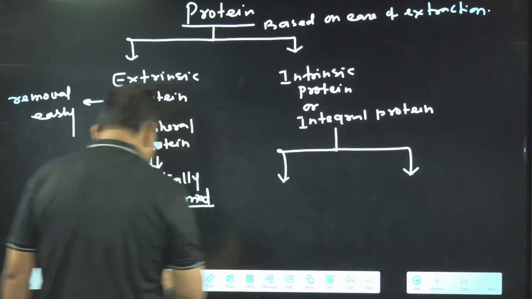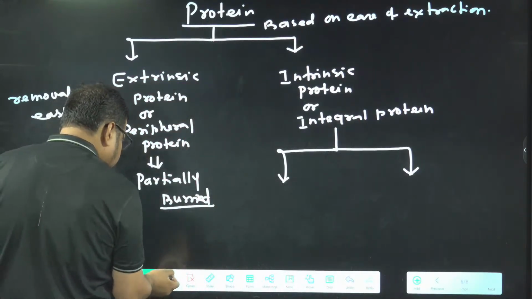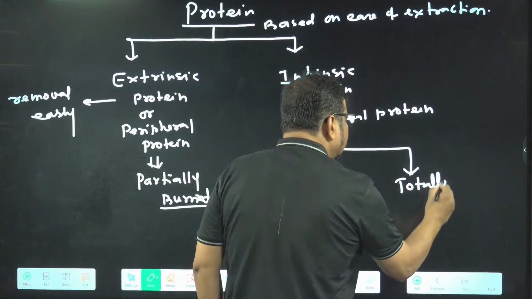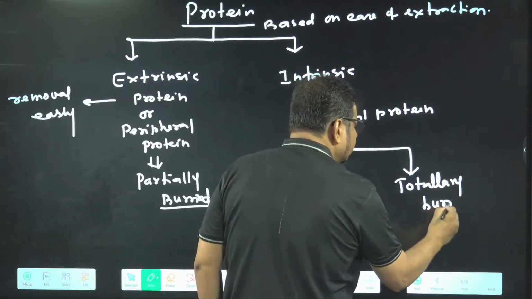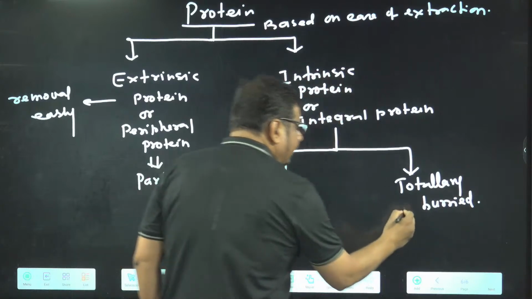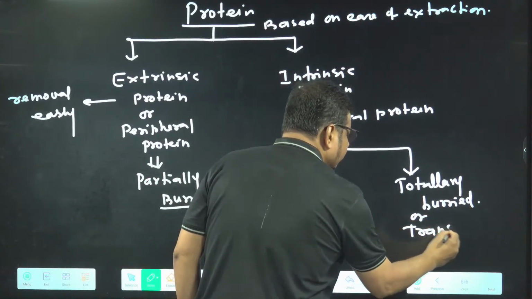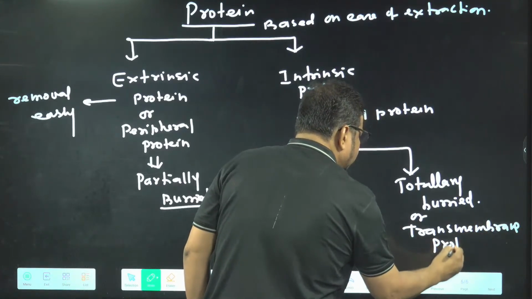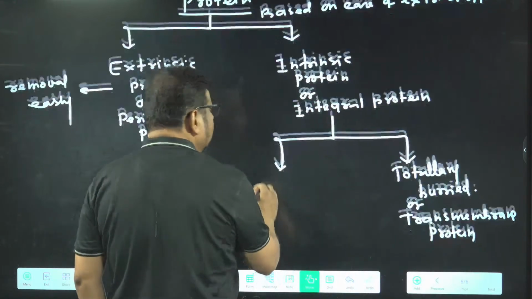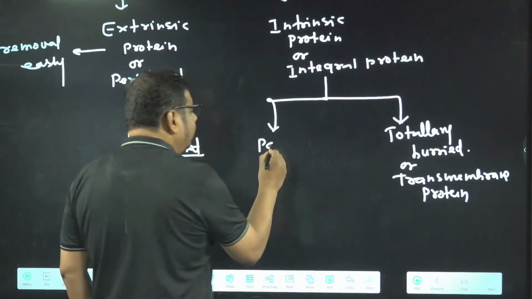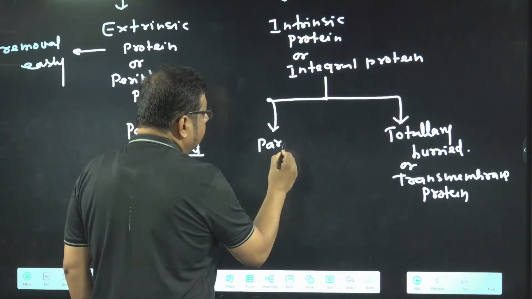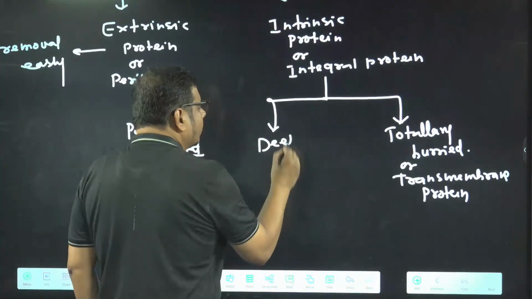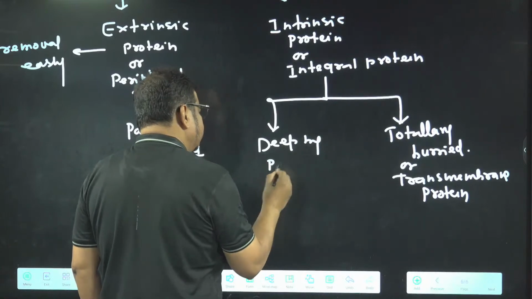One is totally buried, and it is called transmembrane protein. Getting the things. And another is deep but partially buried.